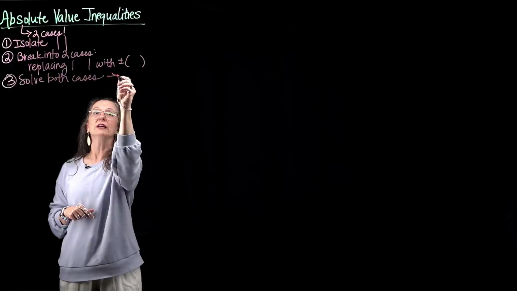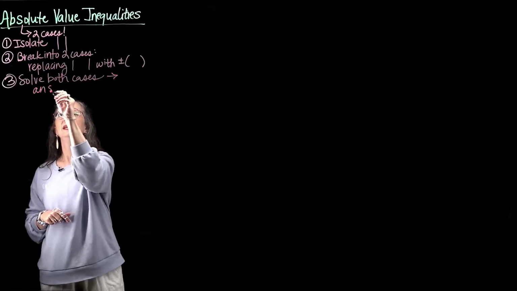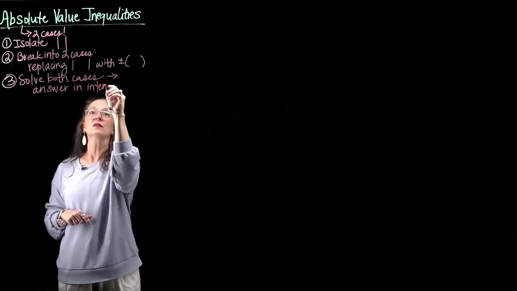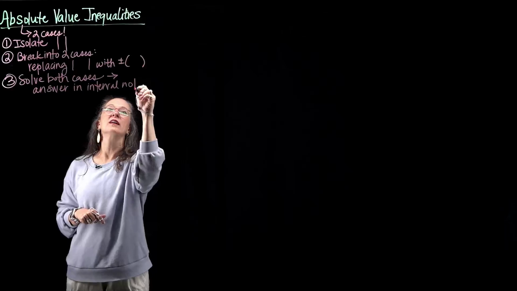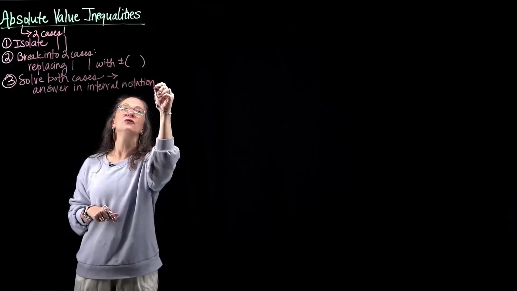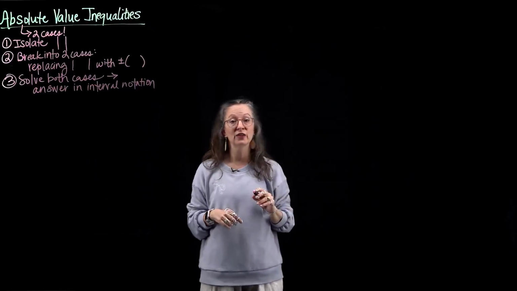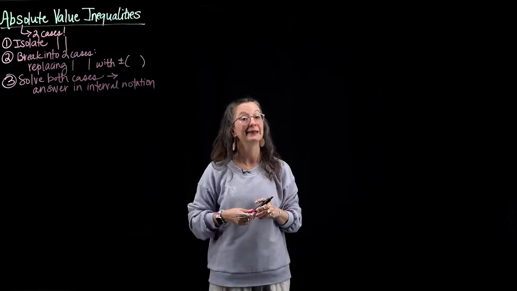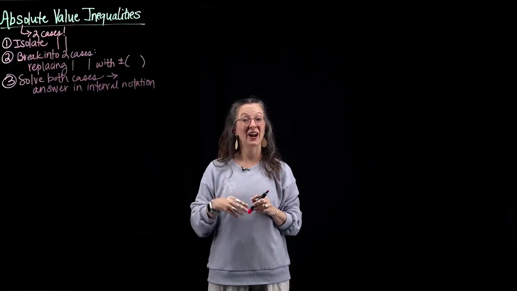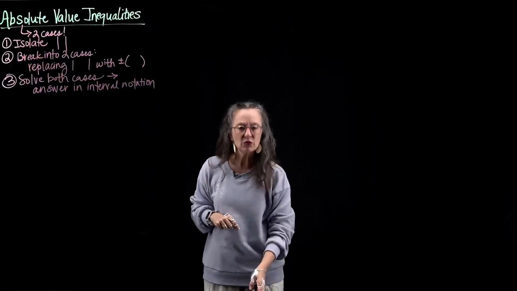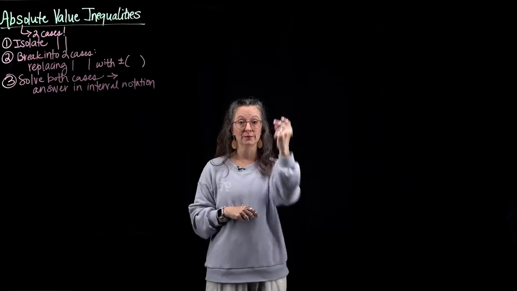Now, usually, our answer is going to be in interval notation. And if you are not familiar with interval notation, I have another video that talks about interval notation and writing that. All right, so let's throw up some examples and work through them.